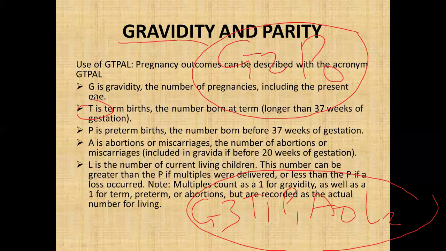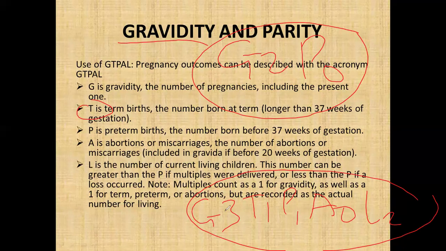Term is the total number of births that had been born at term gestation. And at term gestation, we mean 37 weeks. Any birth that occurs after 37 weeks is termed as a term gestation.